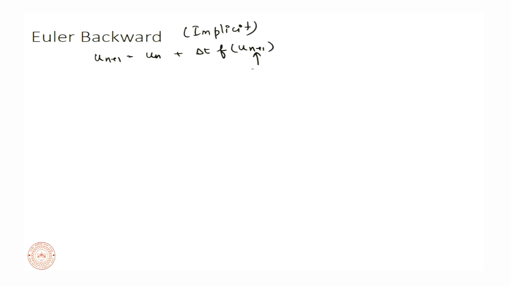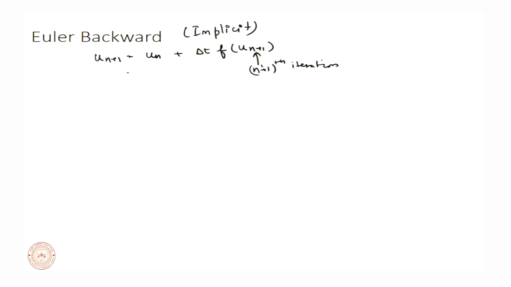So, now we are using the n plus 1th iteration rather than the nth iteration, right. Now, we do not know u of n plus 1. So, what we do is we make some efforts to bring all the n plus 1th terms to the left, make a simplified expression, and then take it to the right.